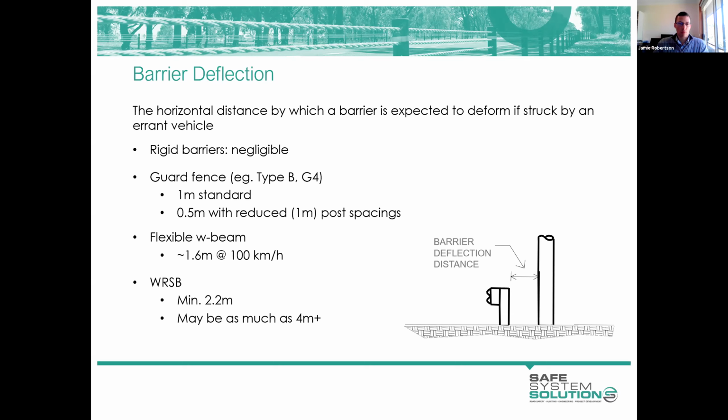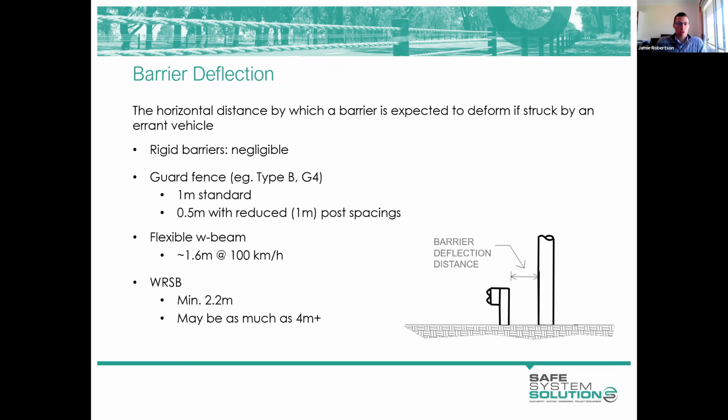Deflection of wire rope systems does increase with the length of the system. The longer a barrier is, the more it can be expected to deflect. The crash-tested lengths are not great, about 150 metres or thereabouts. If you've got a 1 kilometre length, you'd expect that system to deflect by more.